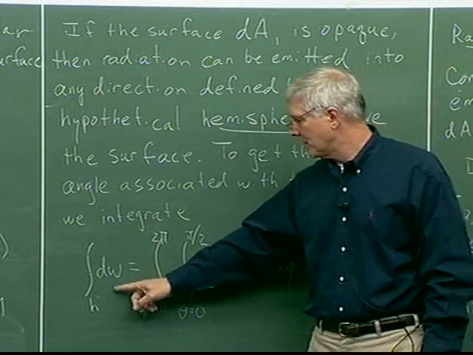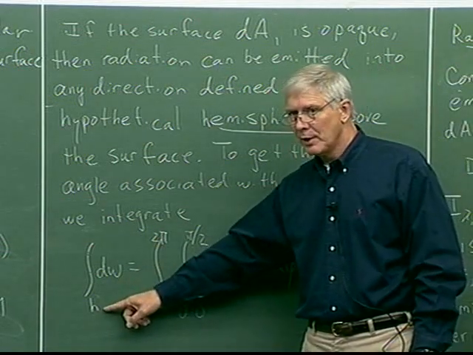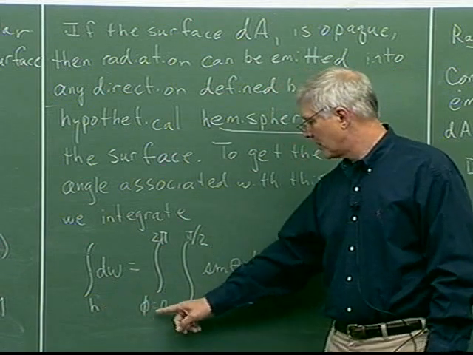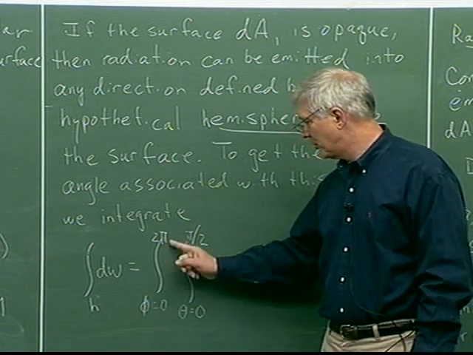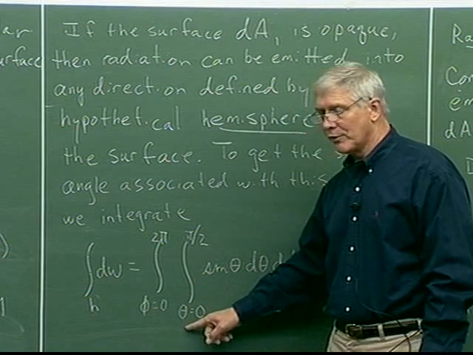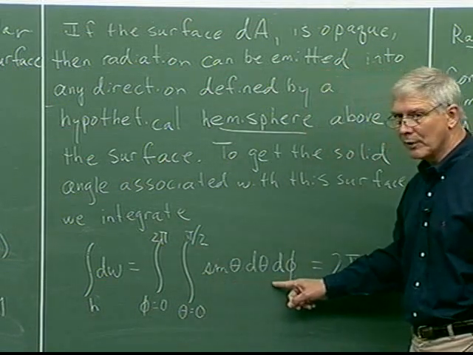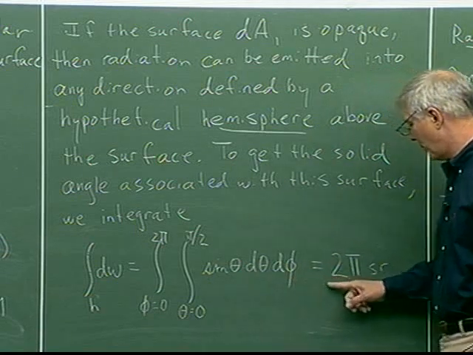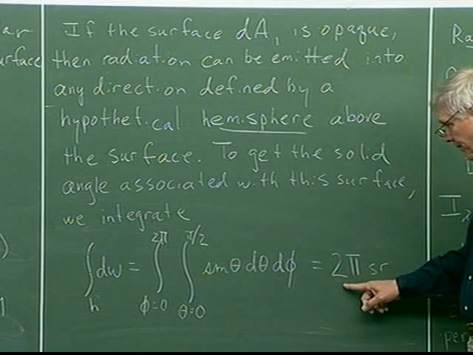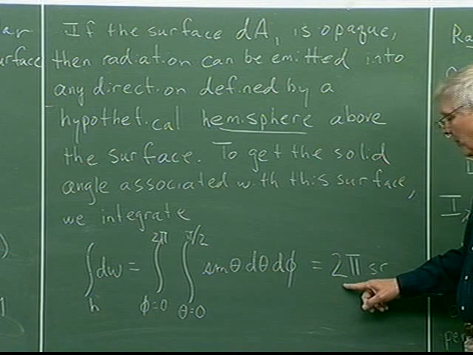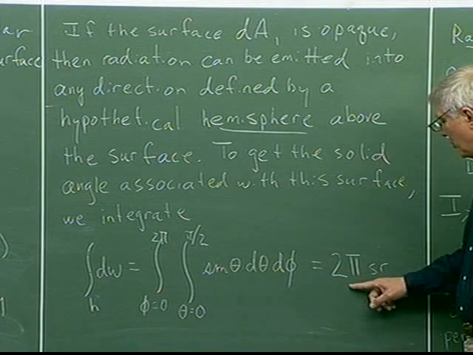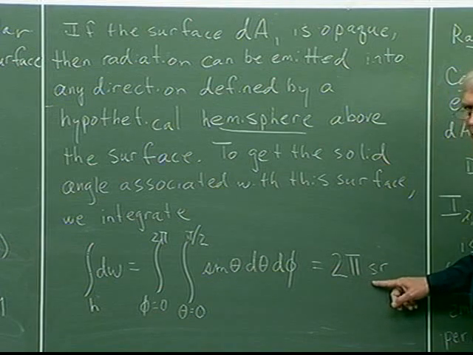So we have d omega, we integrate over the hemisphere, and like I just mentioned, we're going to integrate from phi equals 0 to 2 pi, theta we integrate from 0 to pi over 2, and then this was our differential solid angle that we just defined, and from that we get that the solid angle of this hemisphere is 2 pi, and we call those steradians to indicate that they are solid angles.